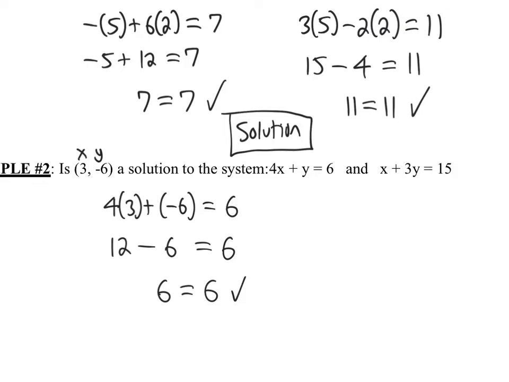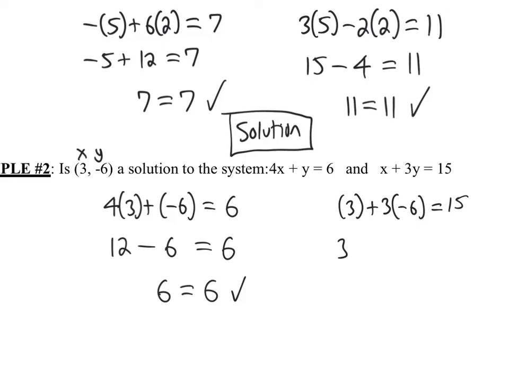Let's check the second equation now. We have x + 3y = 15. Well, x is 3. I like to use parentheses whenever I plug something in so I don't confuse anything. And y is -6, equals 15. Oops. Getting sloppy with my 5s there.